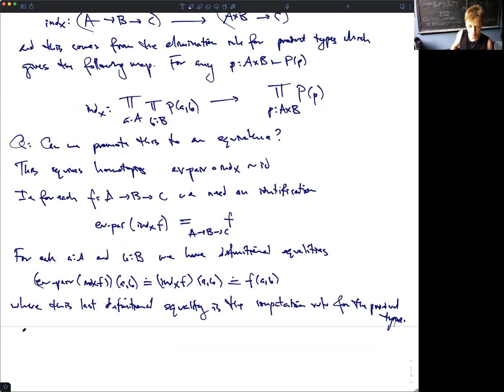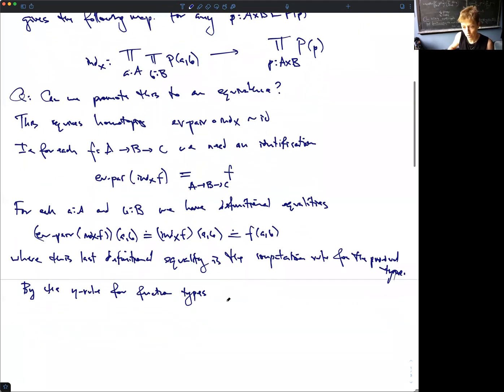But then by the eta rule for function types, let's apply it first to f, which is our term from the function type from A to B to C. It says that f, a term in this function type, is definitionally equal to lambda a dot lambda b dot f AB. This is something called the eta rule. The beta rule compares the lambda abstraction and evaluation in the other order.